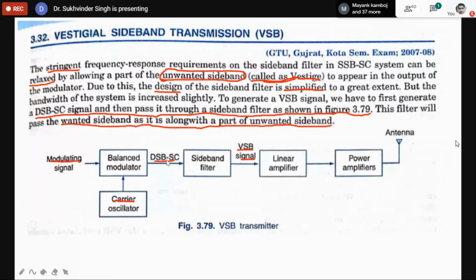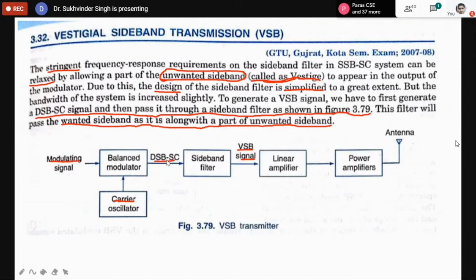Now, after passing through the band filter, one of the bands will be passed. Further, in that band, we again take some unwanted part of the upper sideband or the lower sideband. Now, this term is important, the unwanted part or vestige part.